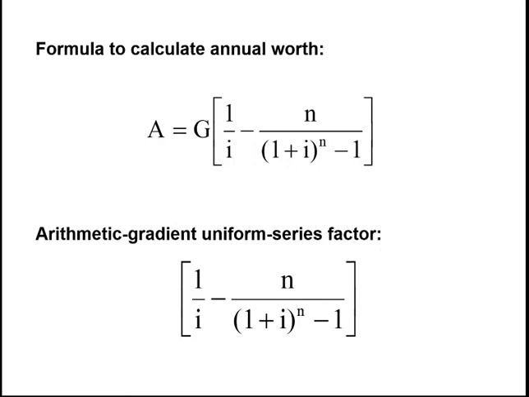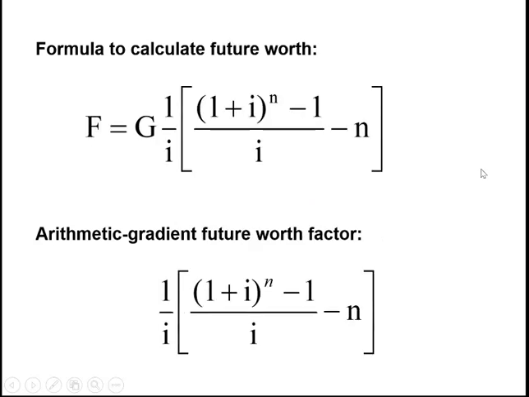And that is the formula to calculate the future worth: F equals G times a factor, and this factor is the arithmetic gradient future worth factor.